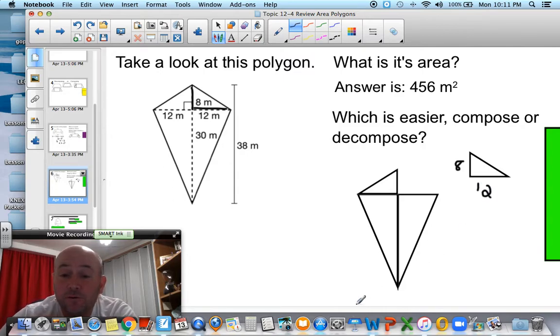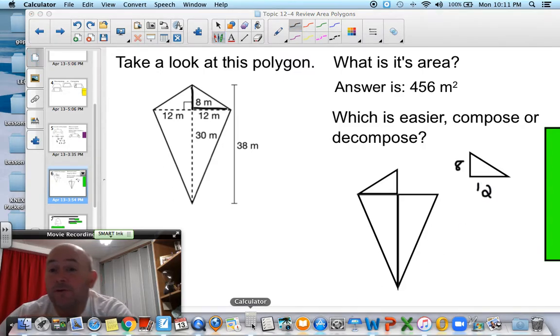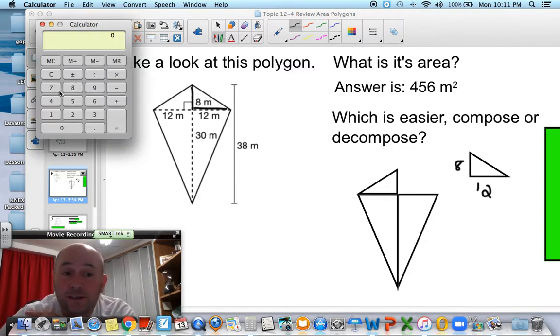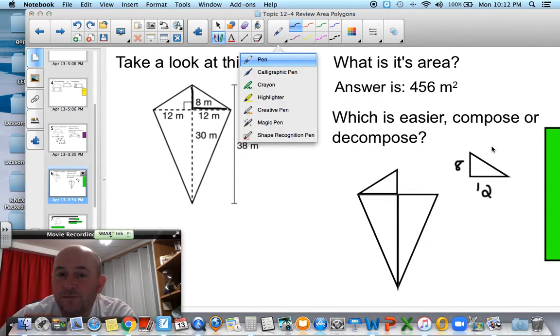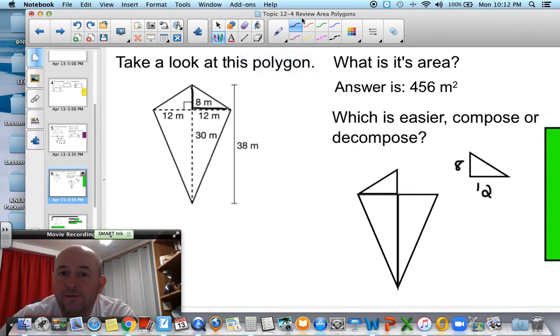So if you multiply 8 times 12, I'm going to bring up my calculator because it's perfectly acceptable to say, oh, okay, 8 times 12 equals 96, okay? So we know that this one little triangle right there is 96 square centimeters if you multiply base by height.